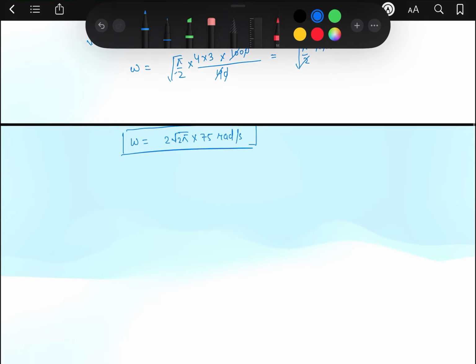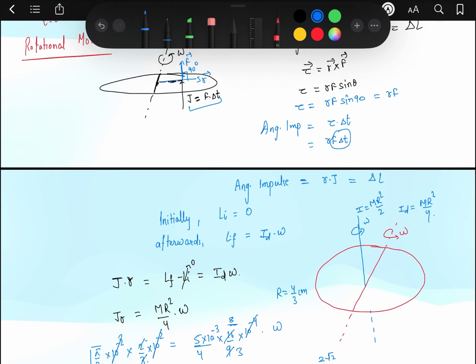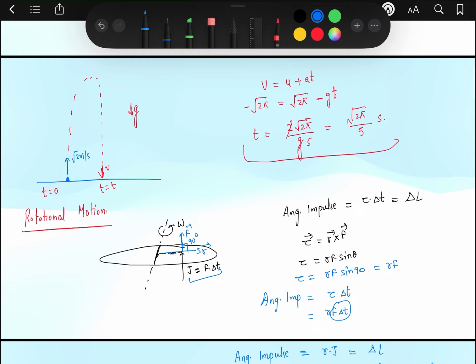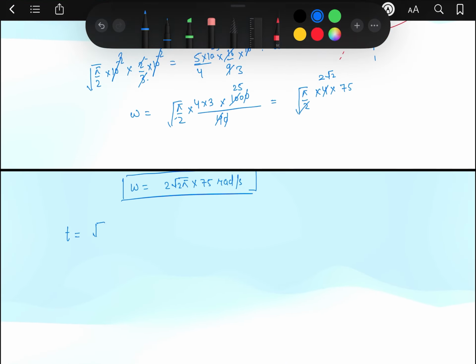And the value of time we already calculated, the time for which that particle will be in air, is time equal to root 2 pi divided by 5 seconds. So for this time, root 2 pi divided by 5 seconds, this particle will be in air.